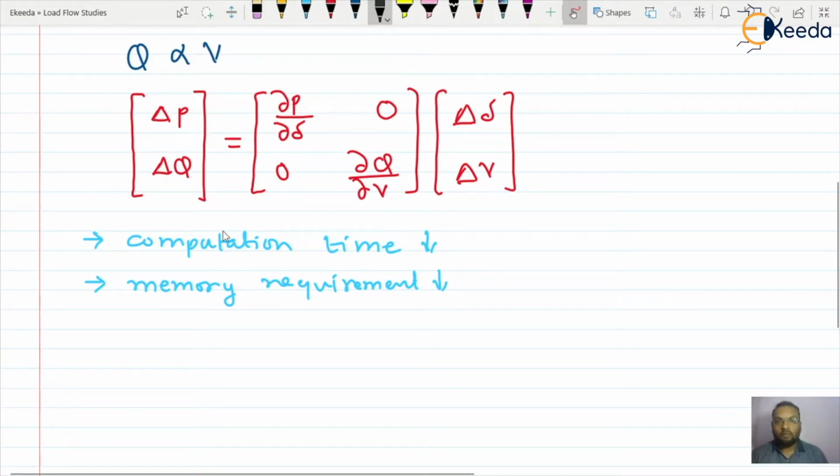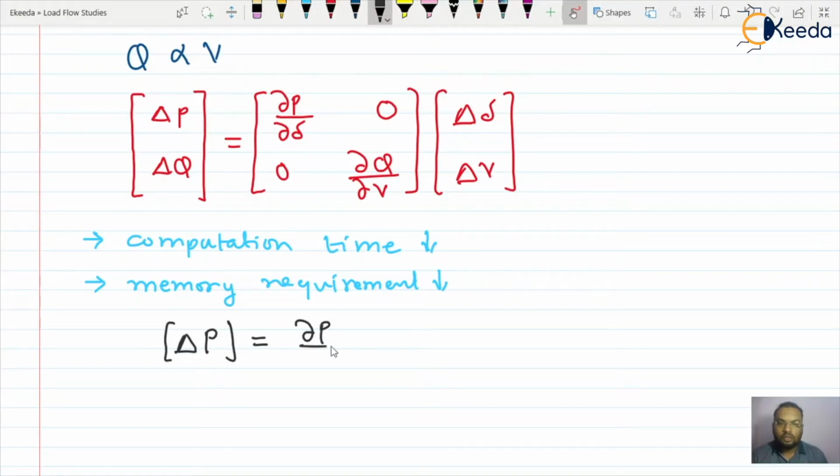Again, see here, with this relationship, can I write this as change in P is equal to partial differentiation of the real power with respect to delta into this del delta.